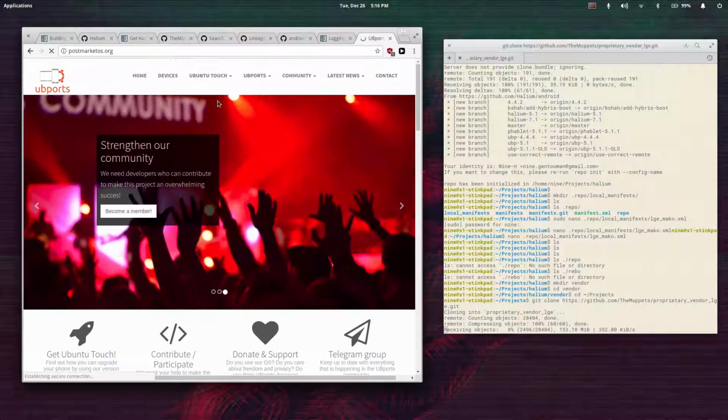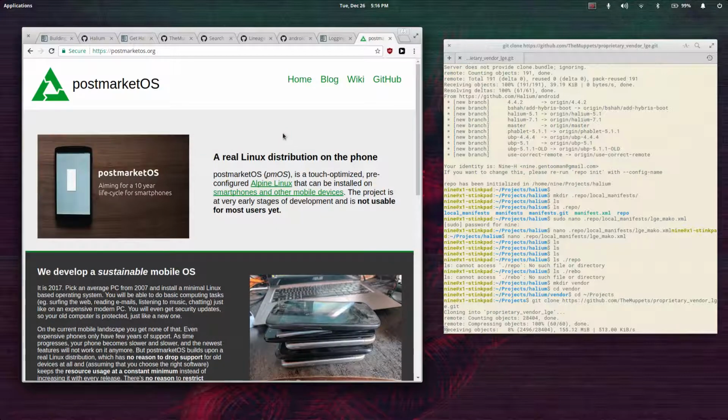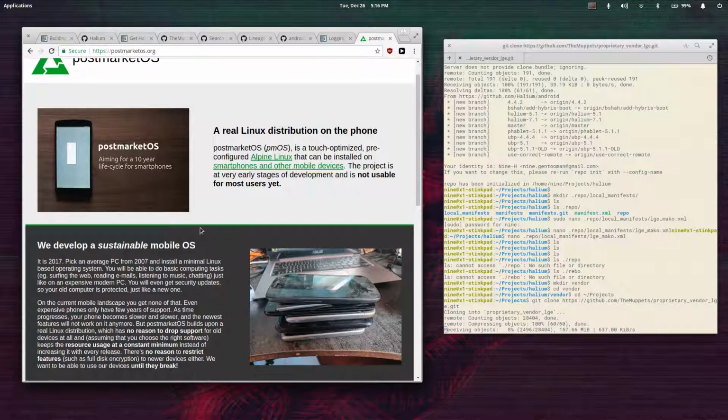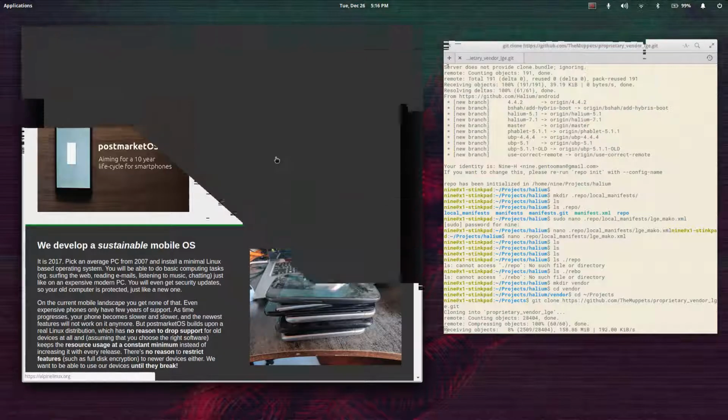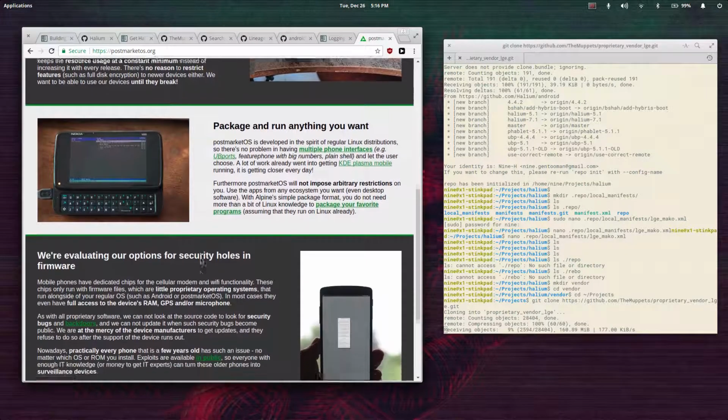postmarketOS. These guys seem pretty interesting, but they're not shipping images, so that's the point. If you're going to build it yourself, you might as well build whatever you want. They're basing theirs off Alpine Linux, which I guess is pretty cool. I've heard it's pretty minimal, but mostly I've seen it used within container formats like Docker.